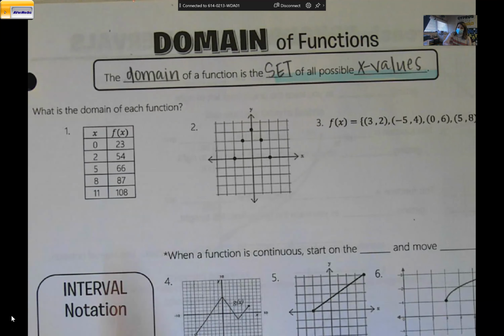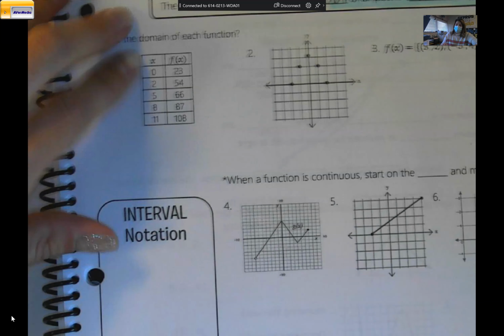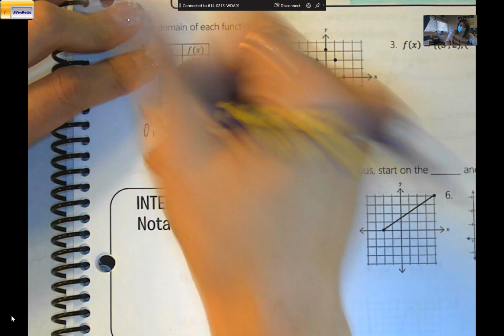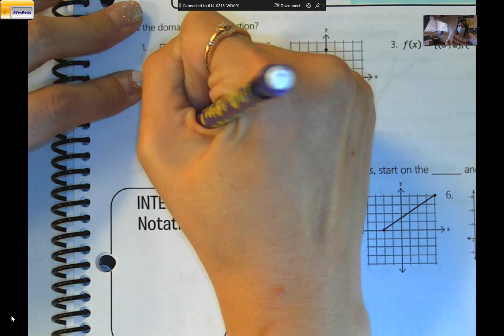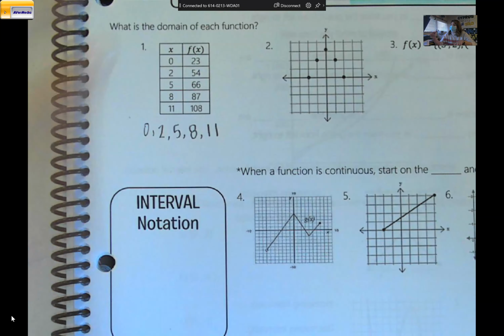So the first set that we have, you can actually write down all of the numbers that x can be. On this first set, x can be the number 0, 2, 5, 8, 11.